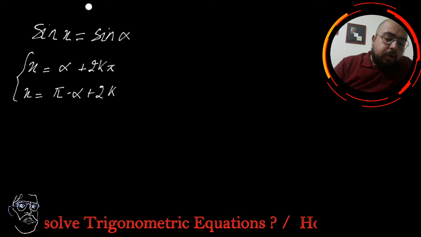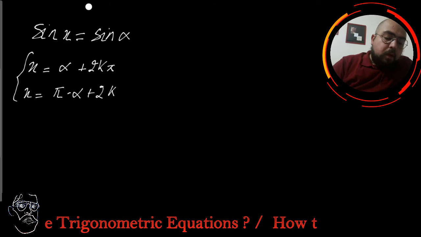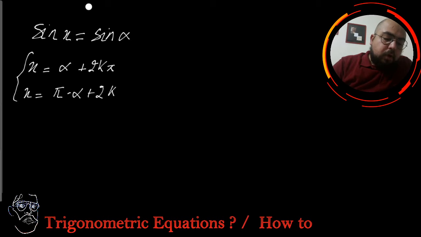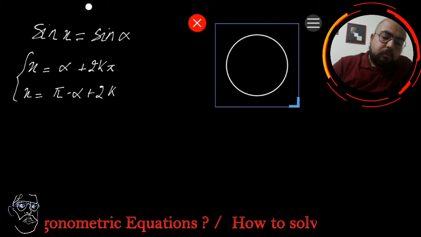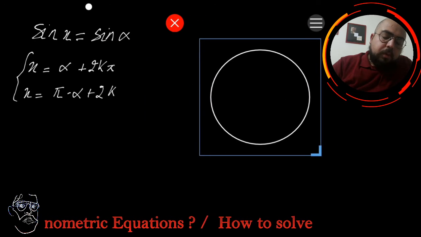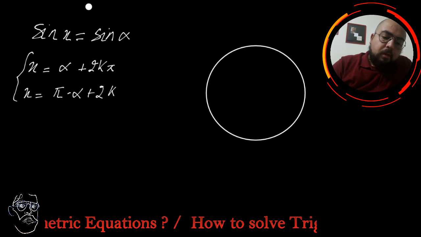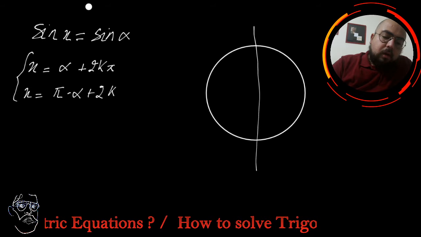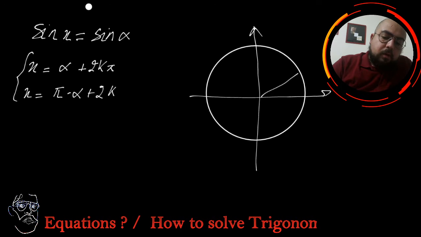Now I'm going to remind you, why do we have alpha and pi minus alpha? In a trigonometric circle, this is the angle alpha, let's say.